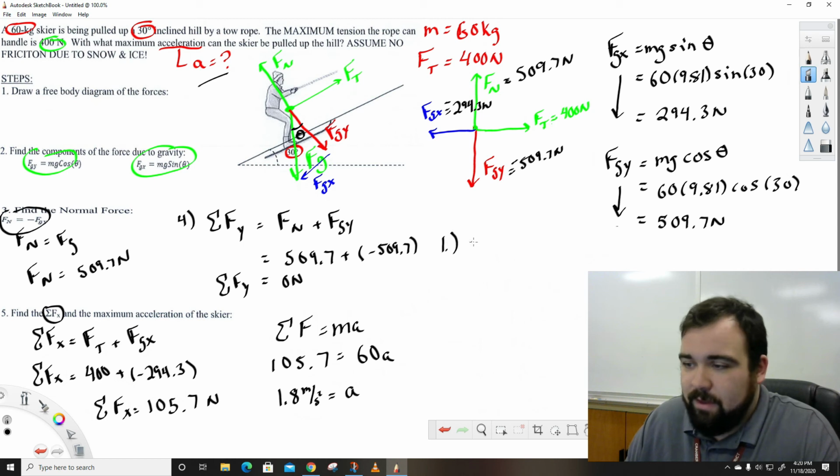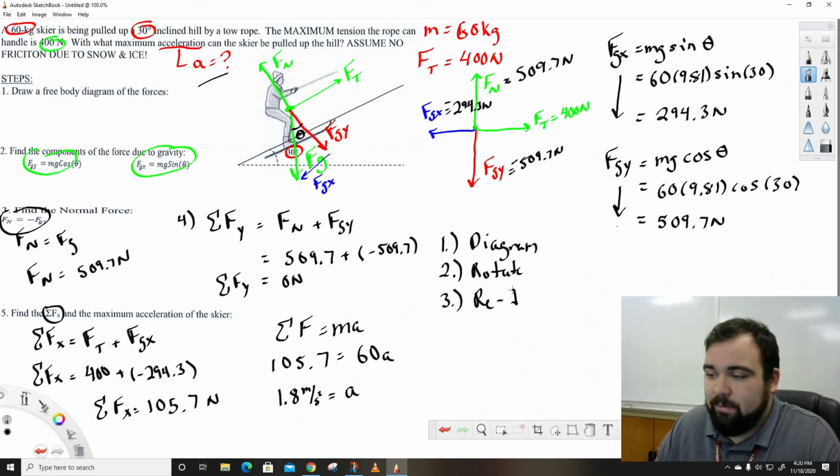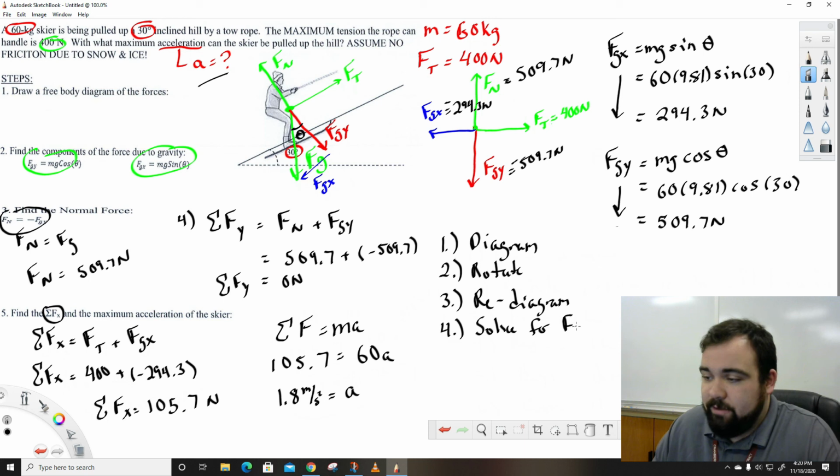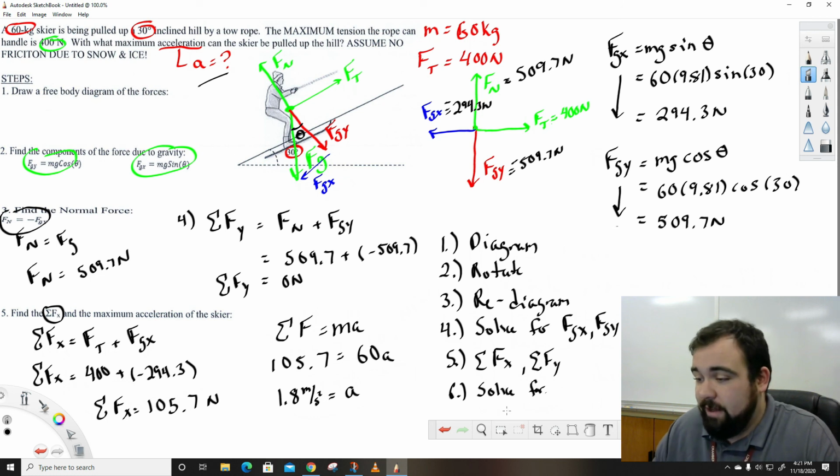They are diagram, we're going to rotate, we're going to re-diagram, going to solve for the FGX and FGY, then do our net force components, then after that you solve for whatever else there is.